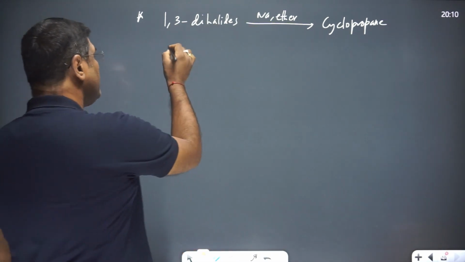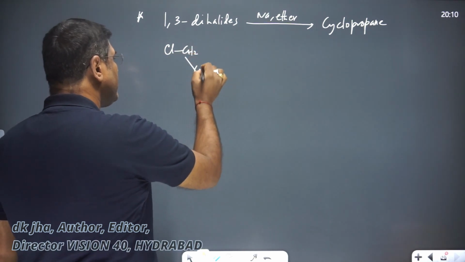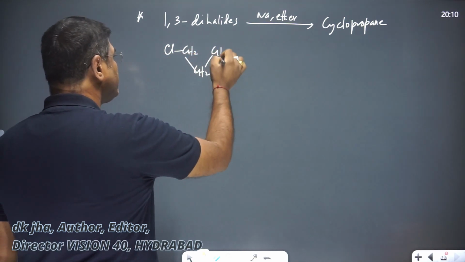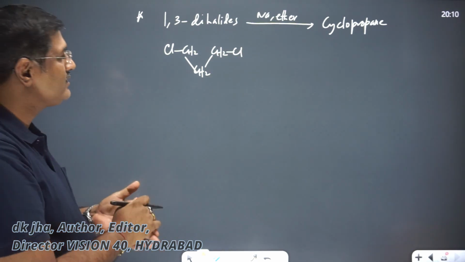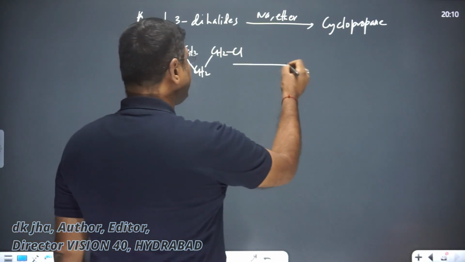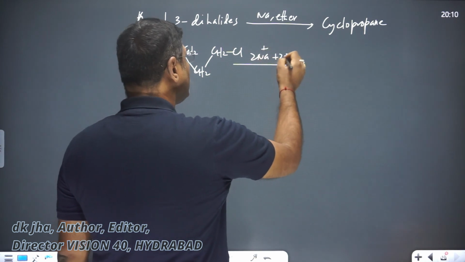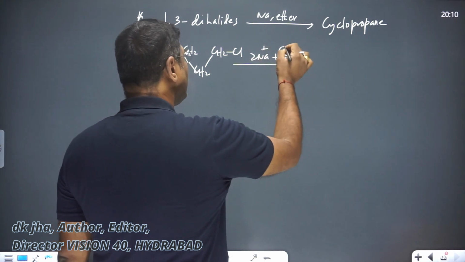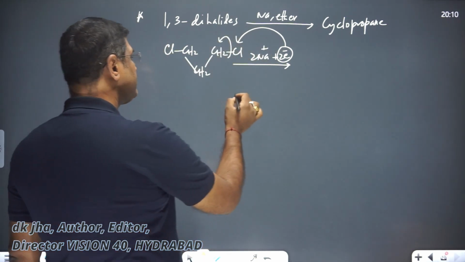Take it: Cl-CH2, this is the right orientation to understand, with Na in ether. 2Na gives 2 electrons to this one, and the carbanion forms.